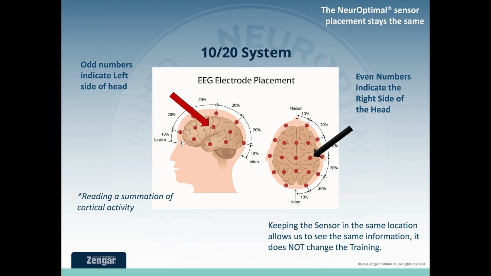It's just going to change the view a little bit. Okay, so why are we at C3, C4? It's simply that it is the most central location. It's halfway top to bottom. It's halfway front to back. Okay, pretty basic.